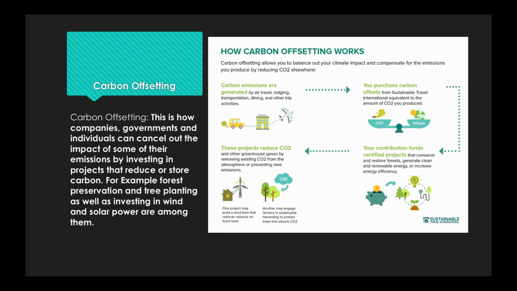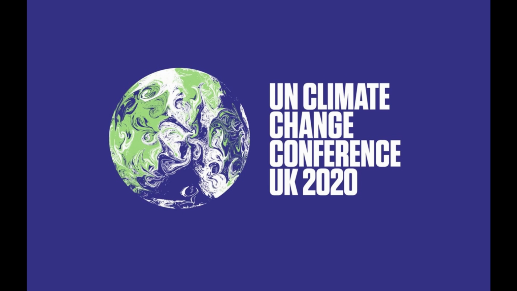So your contribution funds certified projects that conserve and restore forests, generate clean and renewable energy, and increase energy efficiency. And these projects reduce CO2 and other greenhouse gases by removing existing CO2 from the atmosphere or preventing new emissions.